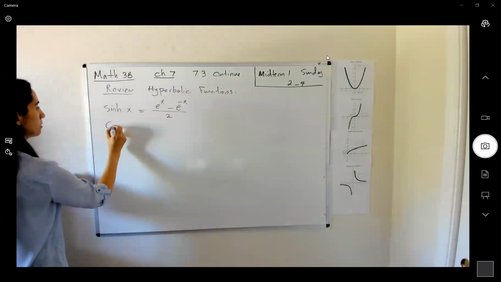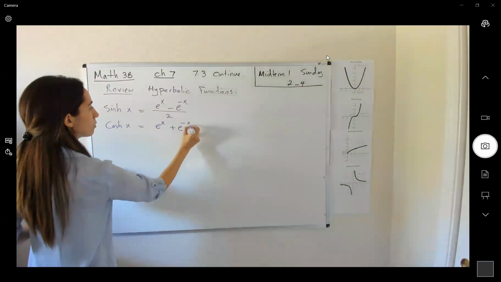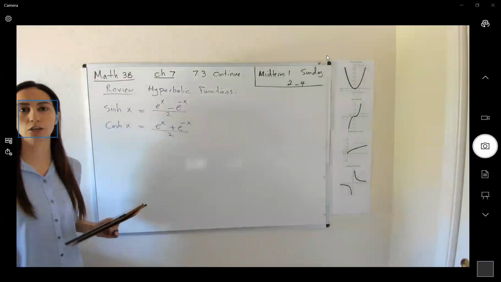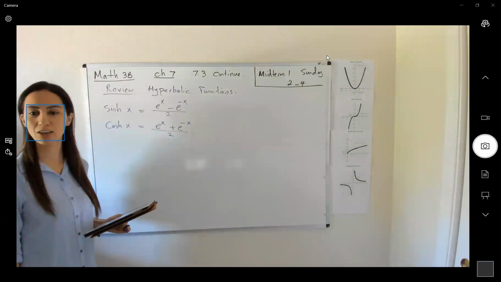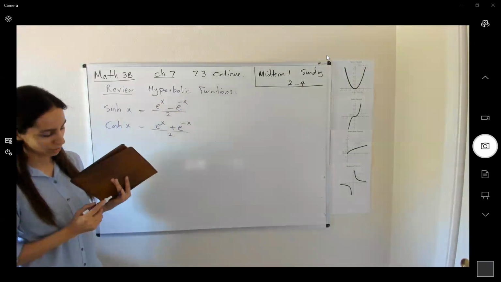Then we define hyperbolic cosine, e to the x plus e to minus x divided by 2. Then by dividing sine over cosine, cosine over sine, we have hyperbolic tangent and hyperbolic cotangent.